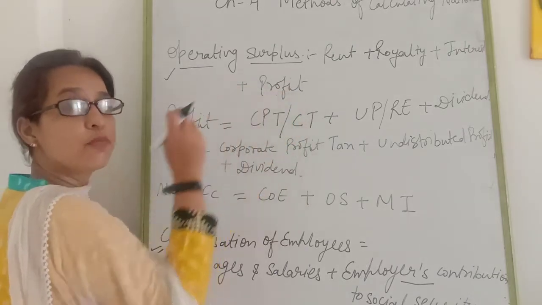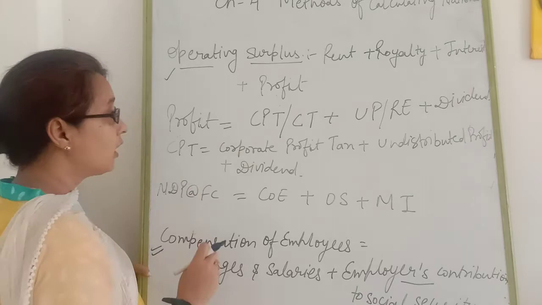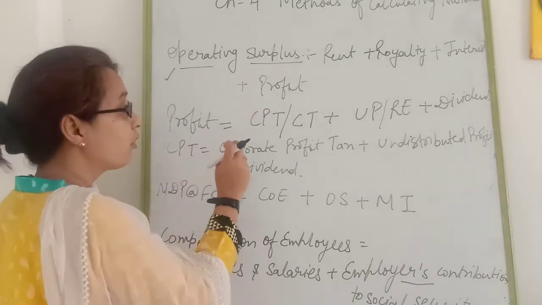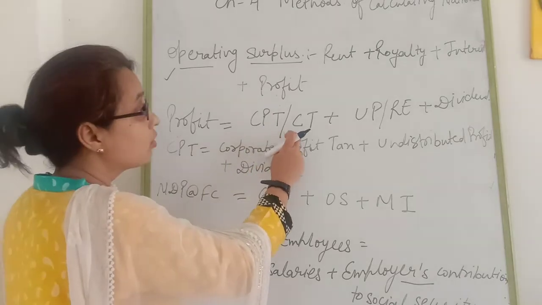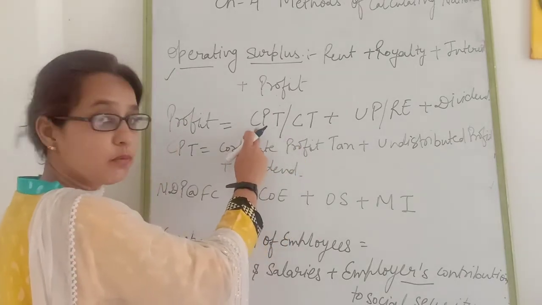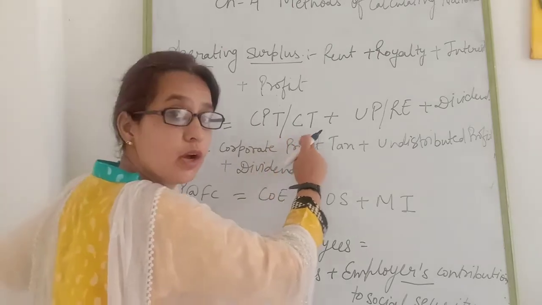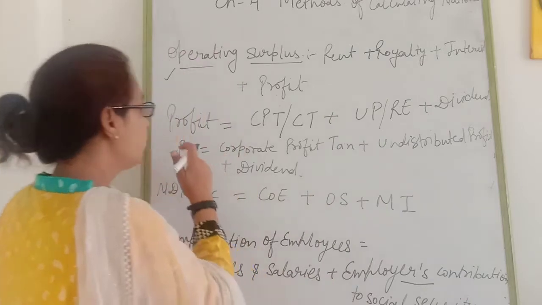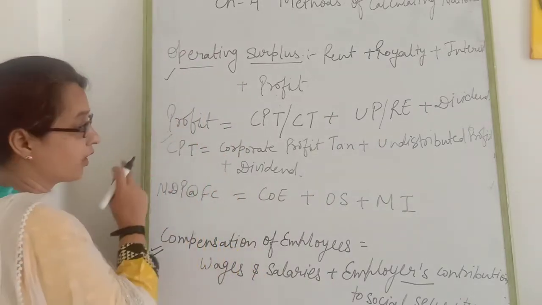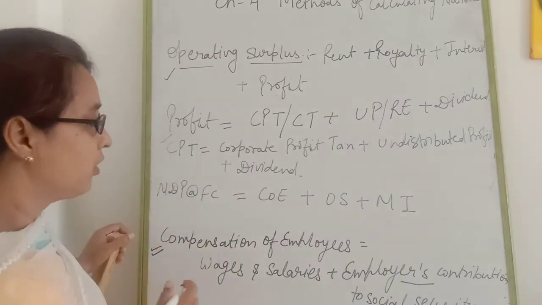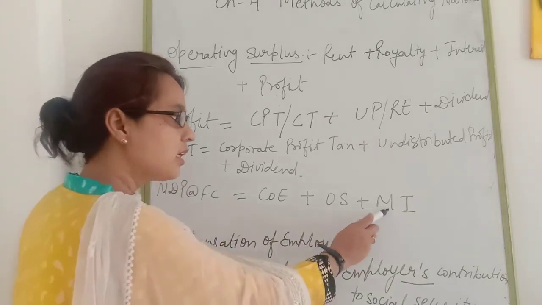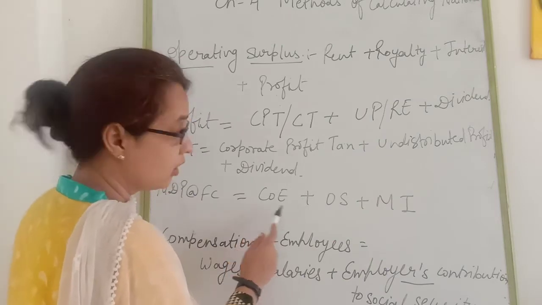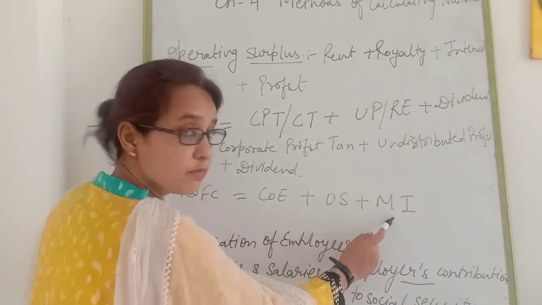If profit is not given but its information is given, calculate profit as corporate tax plus undistributed profit or retained earnings plus dividend. After calculating profit, we add the three of them. Mixed income is given as it is in the question.